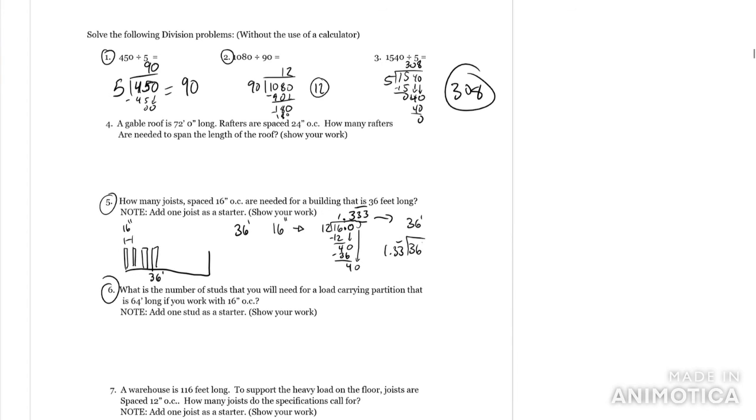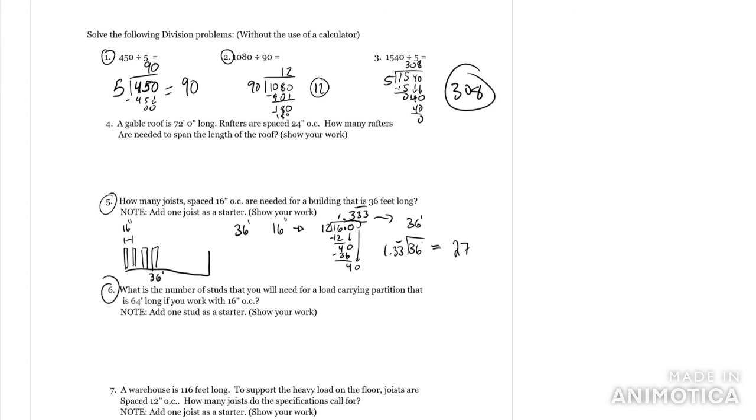And for this one, I'm going to use a calculator. This is where we start to get a little bit complicated. Notice how this one doesn't say to not use a calculator. So punching that in, I get 36 divided by 1.333. I get 27.